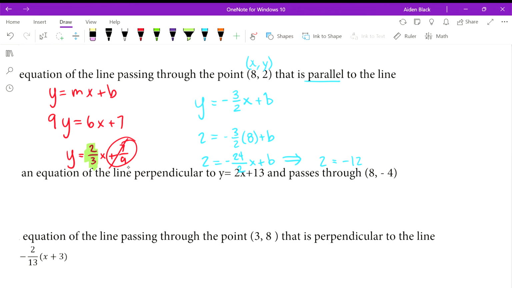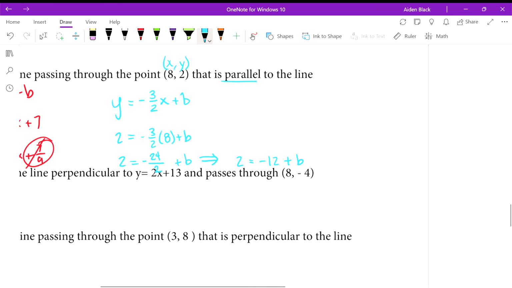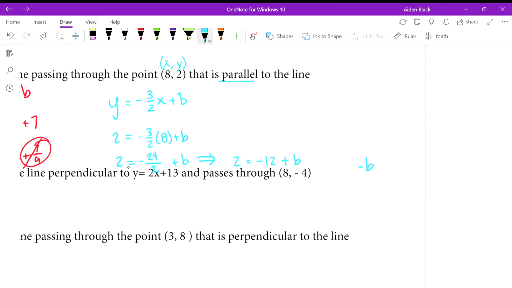Oh, the x is gone. Why do I have that x there still? I got distracted. So if we add 12 to both sides, we'll find that b is equal to 14. So I'm going to rewrite this, but instead of writing b, I'm going to write what we found b is equal to.